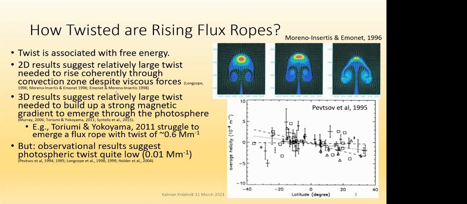On the right here, you see a plot from a paper by Pevtsov et al., where they measured the average force-free parameter, twist parameter alpha, in a set of active regions, and they find an average value that's maybe 2 orders of magnitude smaller than the twist that we're finding in the flux emergence simulation. So on the one hand, the model seems to suggest that the twist should be rather large, but the photospheric observation suggests that the twist may be quite low. So how do we reconcile this?